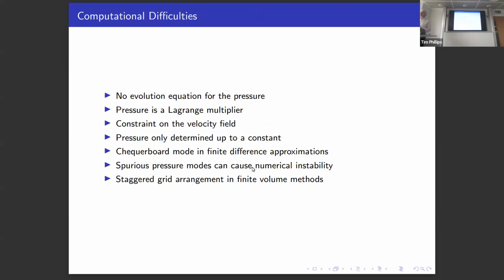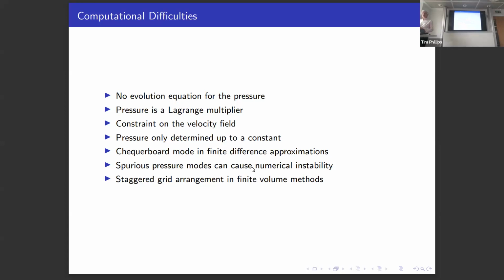If we're looking at time-dependent problems, we have a material derivative in the momentum equation. The conservation of mass doesn't have a time derivative, and indeed there is no evolution equation for the pressure. Pressure can be viewed as a Lagrange multiplier, one that's in there to ensure that mass is conserved.